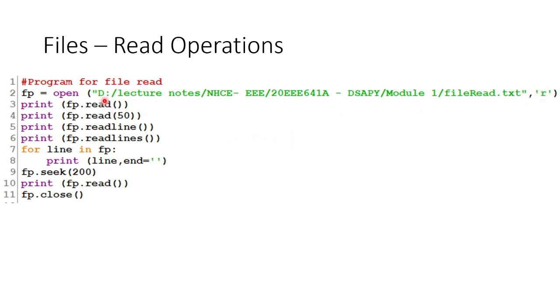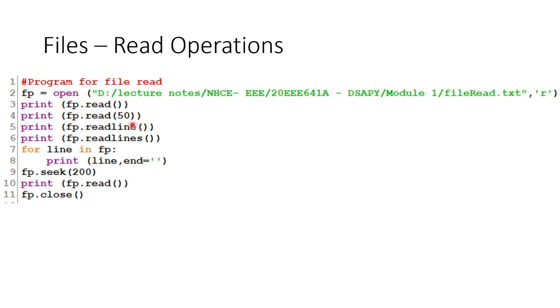Depending on the requirement, you can change this path. Here it is stored in the D drive and there are subfolders, and the ultimate file that I'm going to access here is file read.txt. That's the file, it has some content and this content we are going to read.